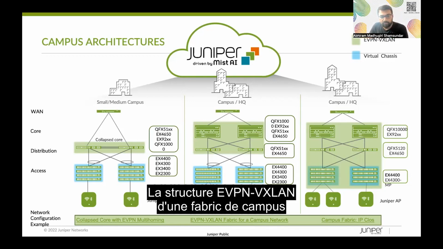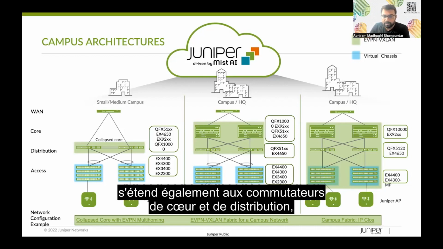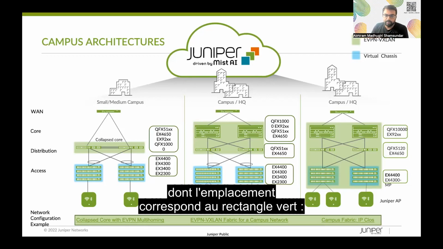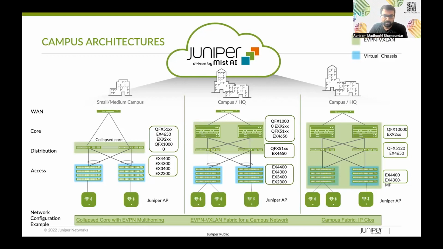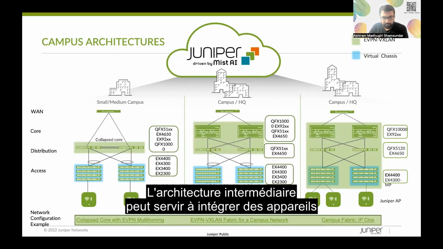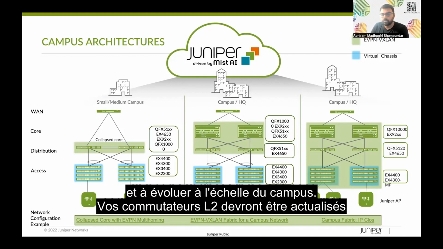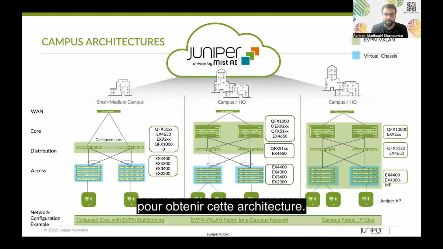The construct of the EVPN VXLAN for a campus fabric also extends to core and distribution switches, which is the green blob that actually identifies to where they are, and that's the middle architecture. So you could use the middle architecture as well for us to bring devices on board and also scale campus wide, and your L2 switching still need not be refreshed in order for you to get to this architecture.